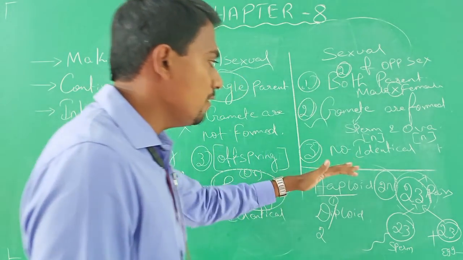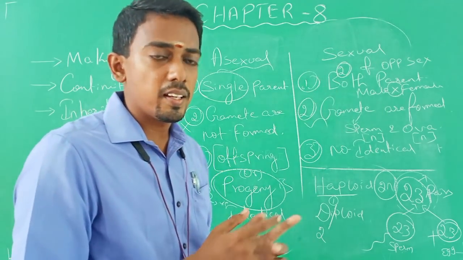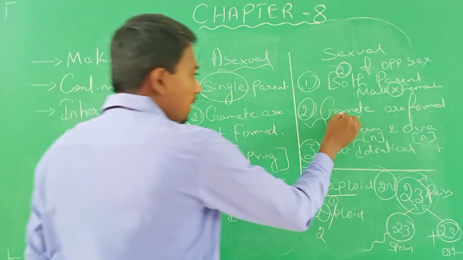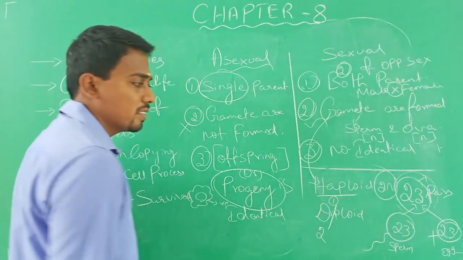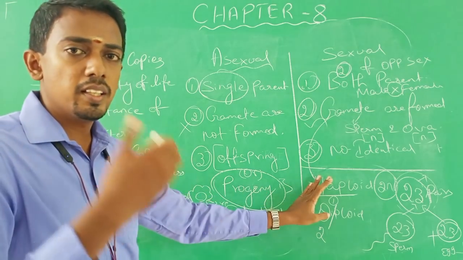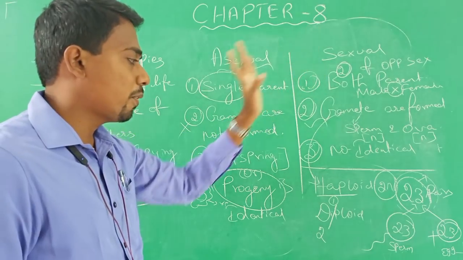So the progeny formed is not identical to either of the parents. They have their own characters expressed, and we know that the gametes are the haploid cells. They play a very important role in bringing the characters from two different parents during sexual reproduction.